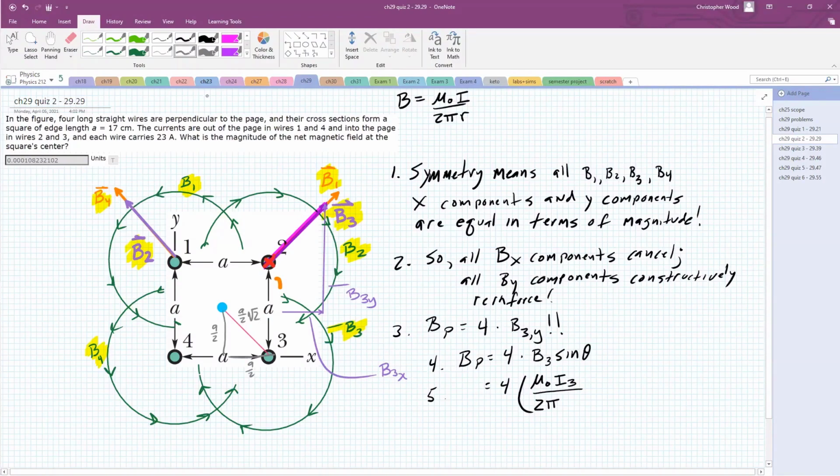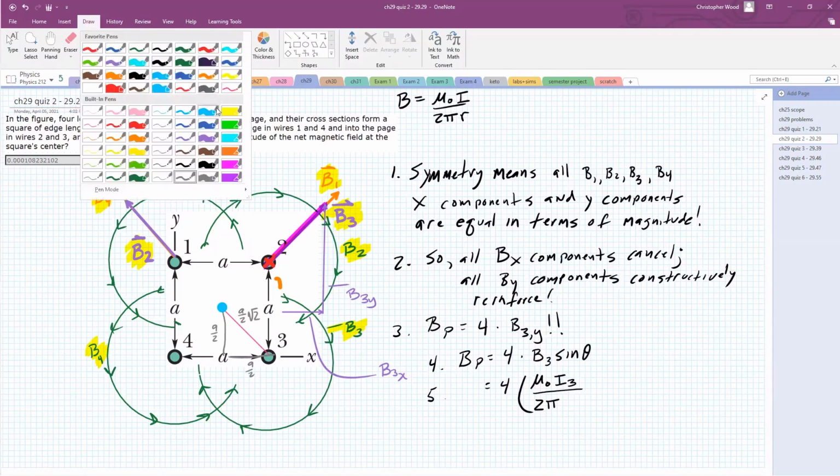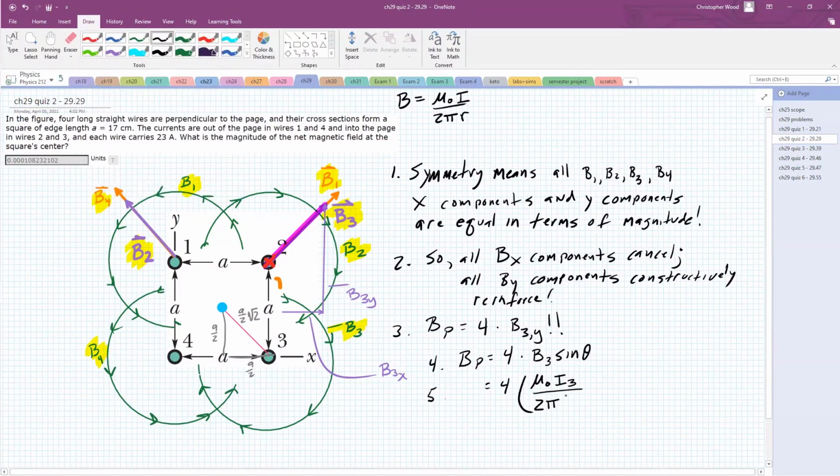Okay, so that's it. So the distance between probert and the current carrying straight wire, I keep saying straight purposefully, we'll get into arcs and solenoids soon, the distance would be A root 2 all over 2, times sine of theta.